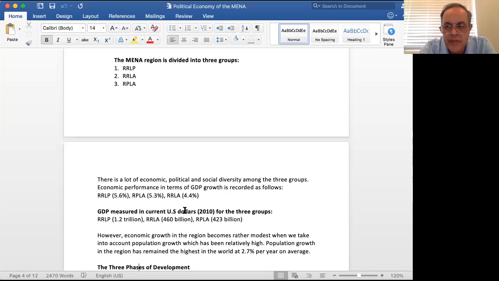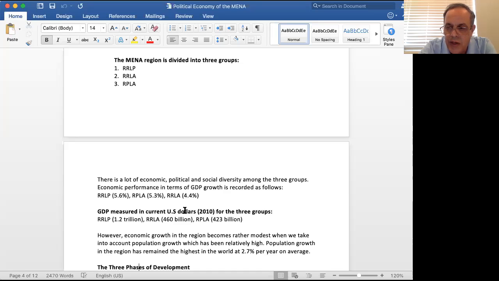And the reason is simply because of population growth. Population growth in the MENA region has been extremely rapid. In other words, on the average, population growth in the MENA region is about 2.7% per year, which is really the highest in the world. So population is growing very, very rapidly.